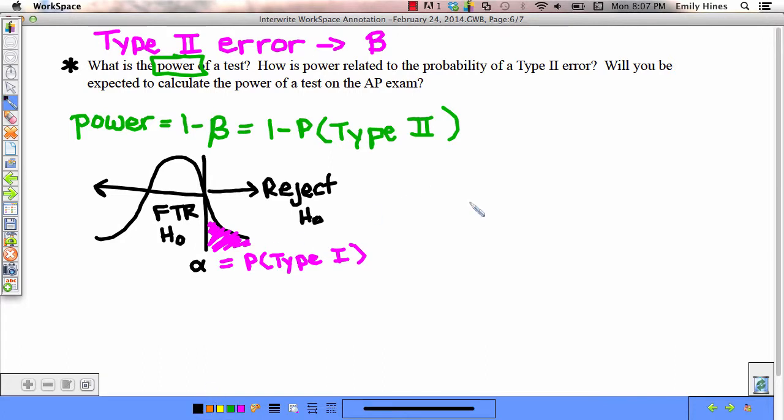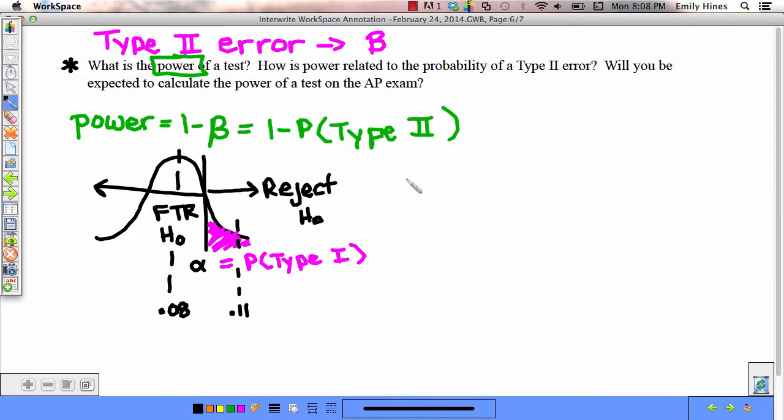We say, okay, what is the likelihood that I am going to detect something is wrong if I really am supposed to reject the null? So I say that, okay, let's say this true mean right here was 0.08, and way out here somewhere is 0.11.